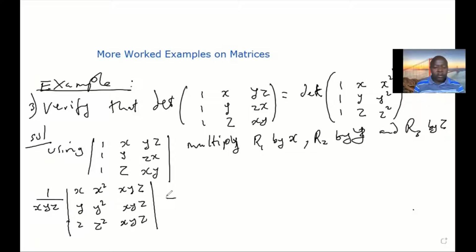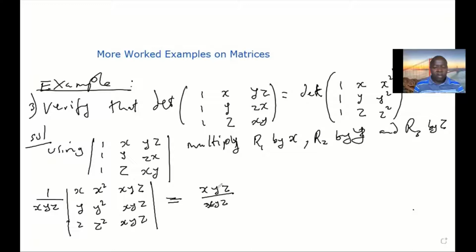Now, I've noticed here that there is a common factor along the third row, and the common factor is xyz. So I can factor it out. Factor out xyz, and you see xyz was here.